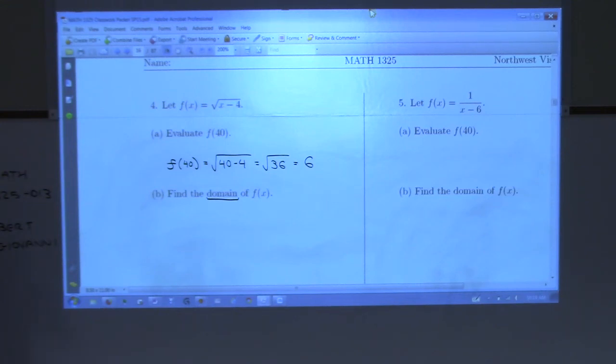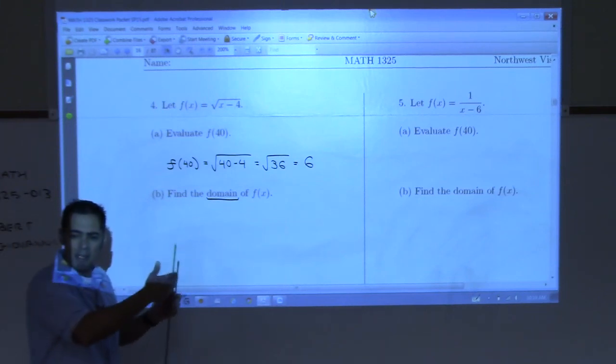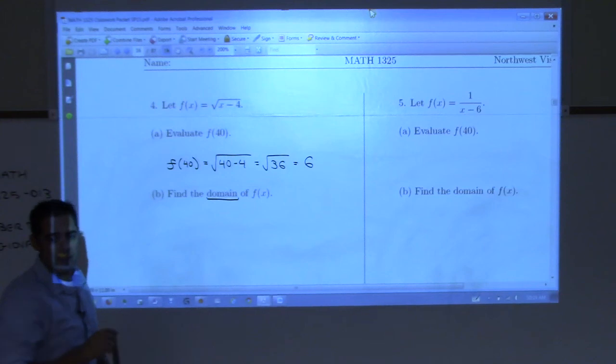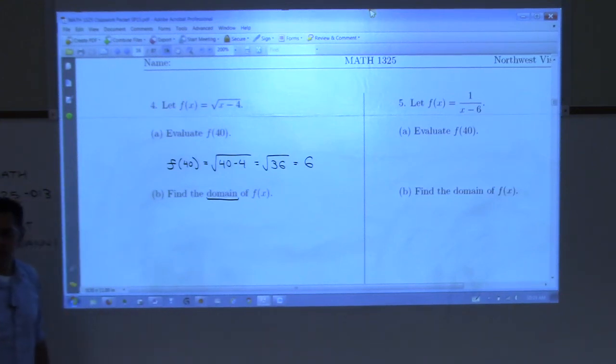Go ahead. How do you mean? The x-axis in what way? Okay, so it has something to do with the x values. You're talking more in the graph. Would you be trying to say something like if you graphed it, it would be the x values where you actually have graph, right? That is one interpretation graphically of the domain.